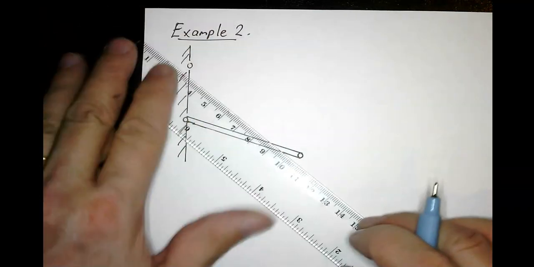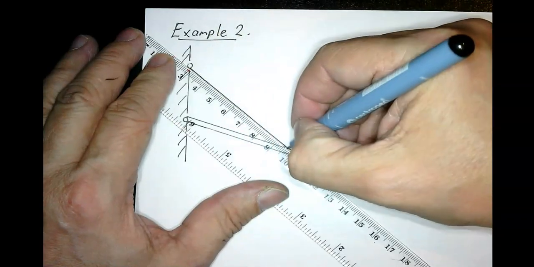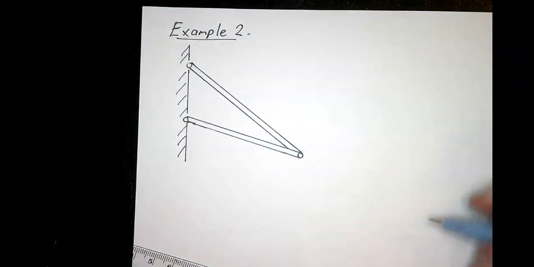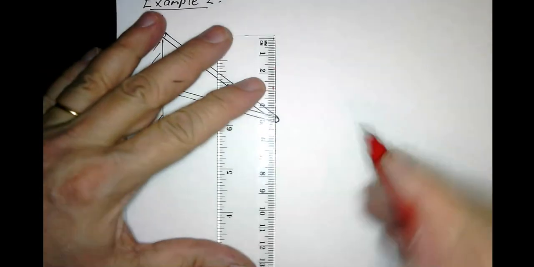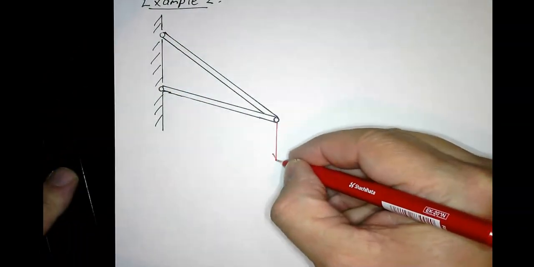So this is not any cable anymore. These are some kind of truss bars. And then here we have the force going downwards again in this example.